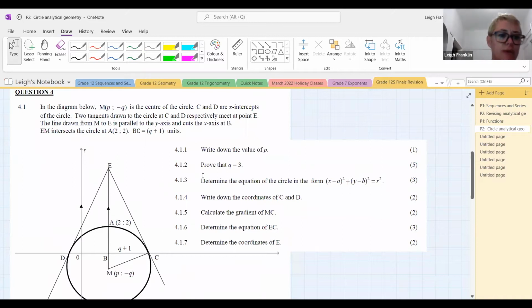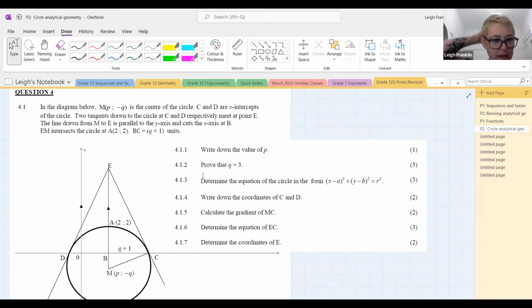All right, so here they tell us in the diagram below, M with coordinates (p; -q) is the center of the circle. C and D are its x-intercepts. Two tangents drawn to the circle at C and D respectively meet at E. Line EM intersects the circle at A and B. And line BC is x + 1 units.